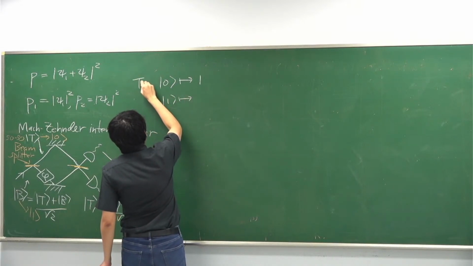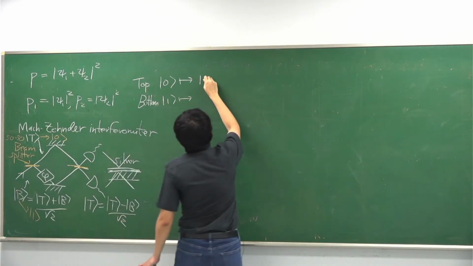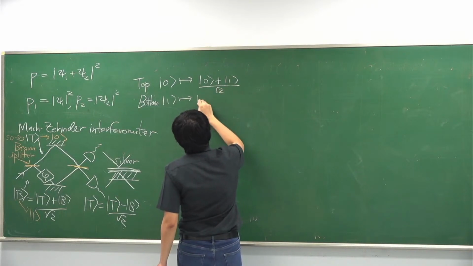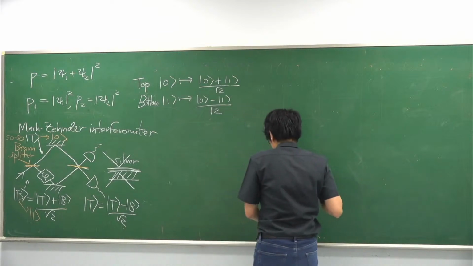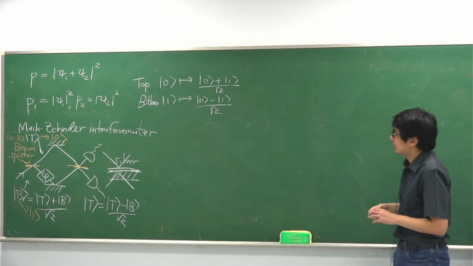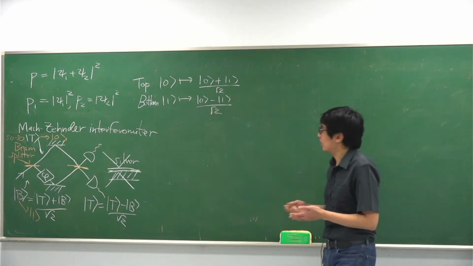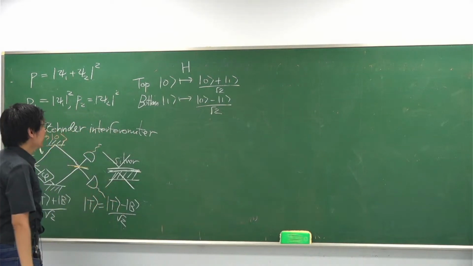So this is the top arm, this is the bottom arm. So we might want this evolution for this example, which would be the Hadamard gate.